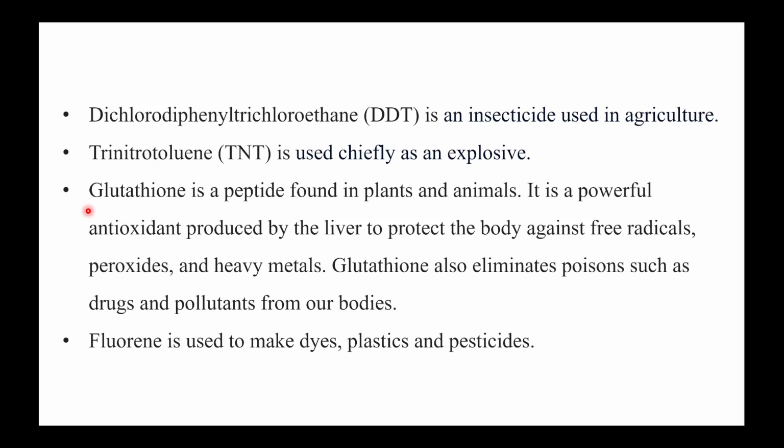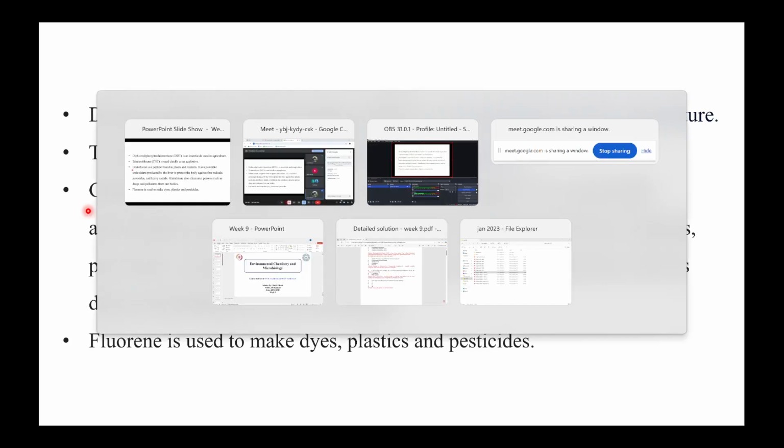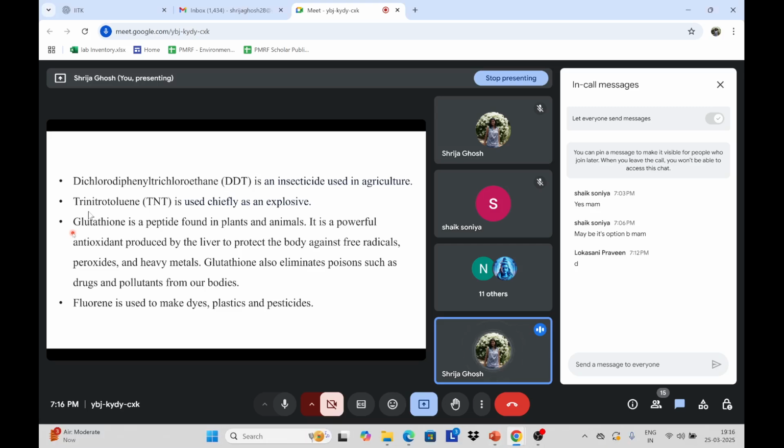Glutathione also eliminates poisons such as drugs and pollutants from our body. It is a natural compound produced by our body, so it is not a xenobiotic. The rest of the compounds are xenobiotic. That's clear?